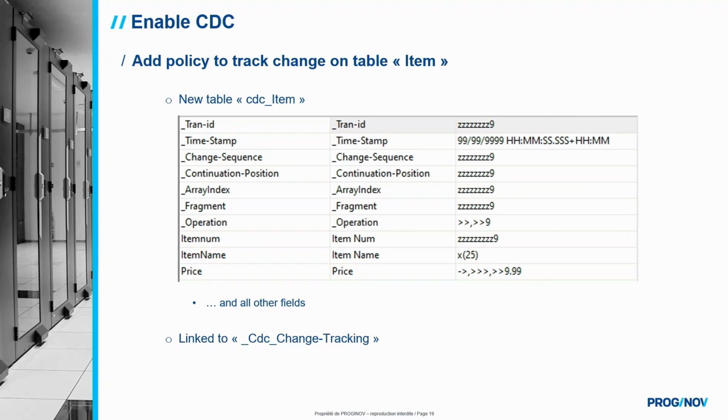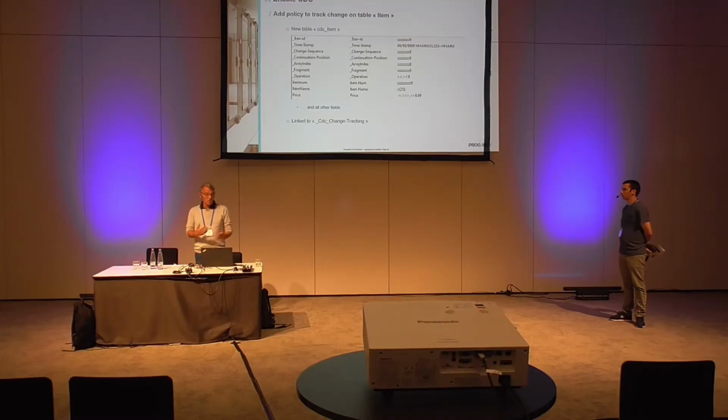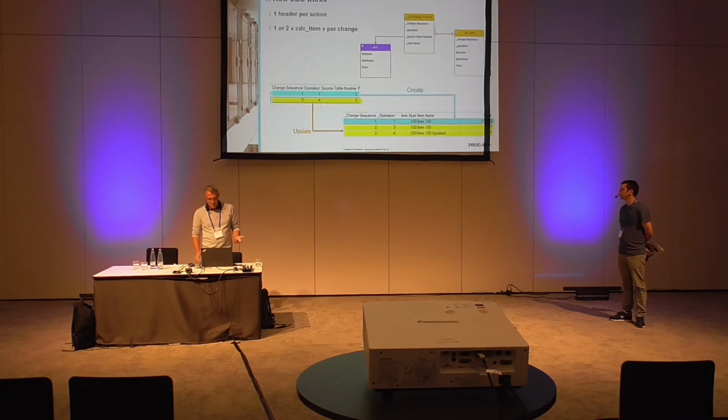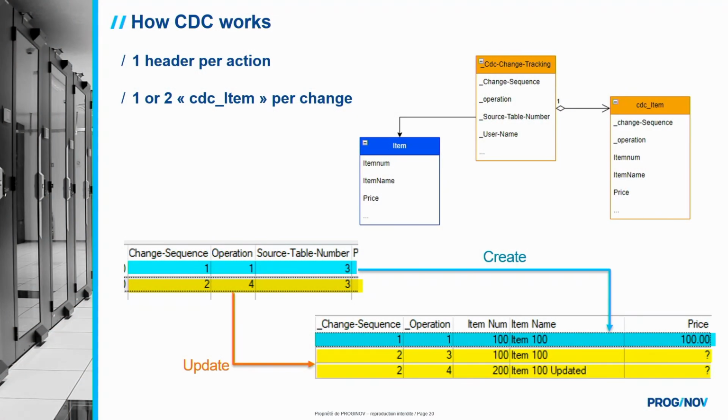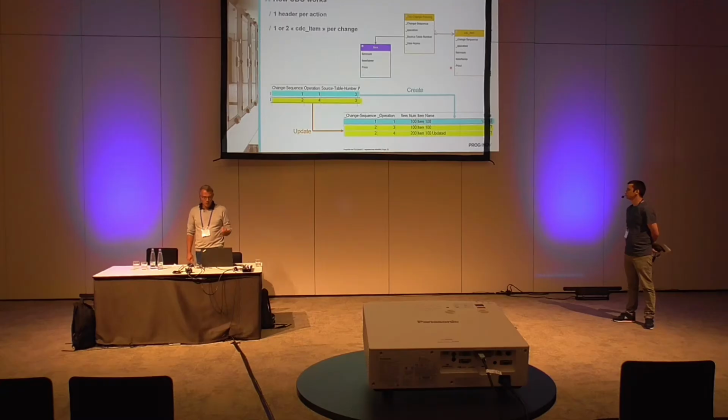So for every change on CDC, there is the CDC item table with all the fields with the underscore, which are fields of the CDC, and the other fields are the same fields as the table item. So each time a create, update or delete occurs, there is one header, which is CDC change tracking, and there is also one CDC item, which is create.